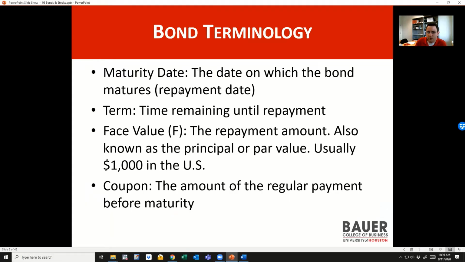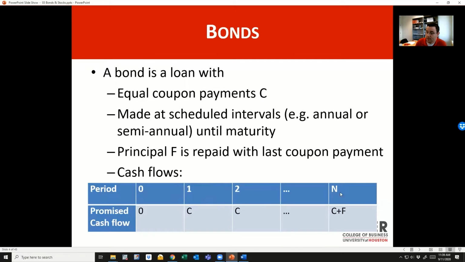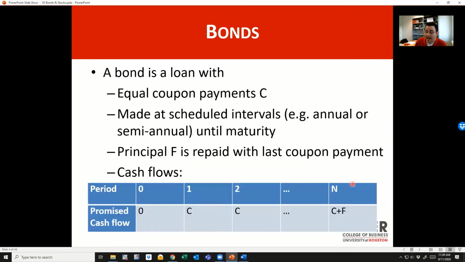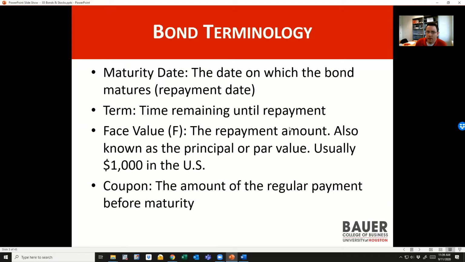Some other terminology we'll see. The maturity date is when the loan matures and it's completely repaid. In this example, time N has some date associated with it. That would be the maturity date. The term is how much time is left until repayment. So again, how far into the future is this N? Is that 1 year out, 2 years out, what have you?